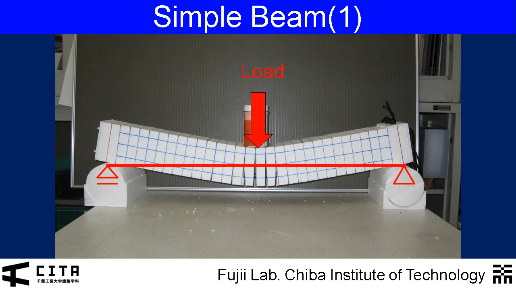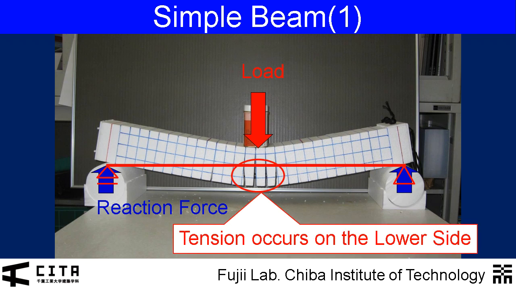A weight is placed at the center of the beam, causing it to deflect downward significantly. In this case, the weight at the center acts as the external load. In response to this, a reaction force develops at both supports. At the central part of the beam, tension occurs on the lower side.